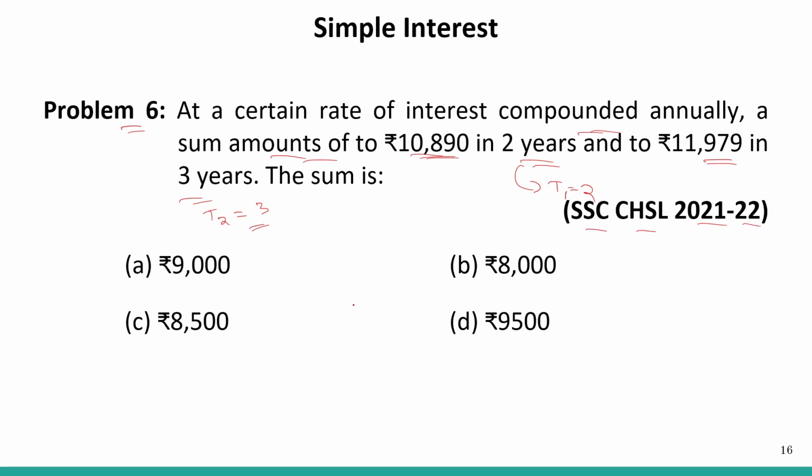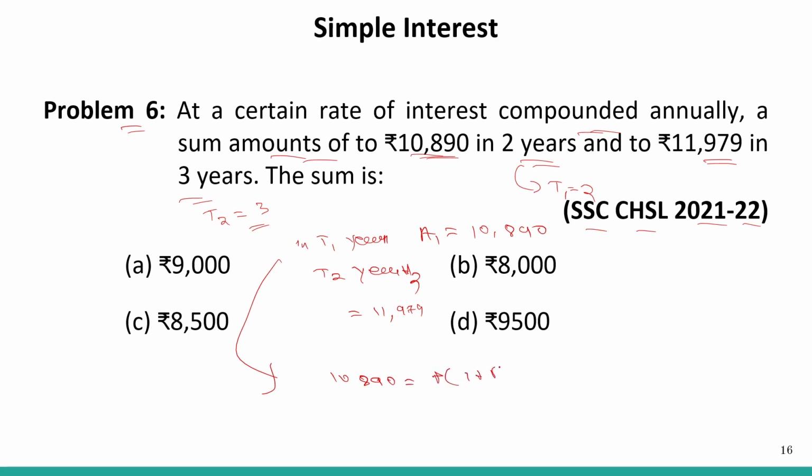Given that the sum amounts to, in T1 years, A1 is equal to 10,890, and in T2 years, A2 is equal to 11,979. We can say that A1, that is 10,890, is equal to P into (1 plus R by 100) power 2.